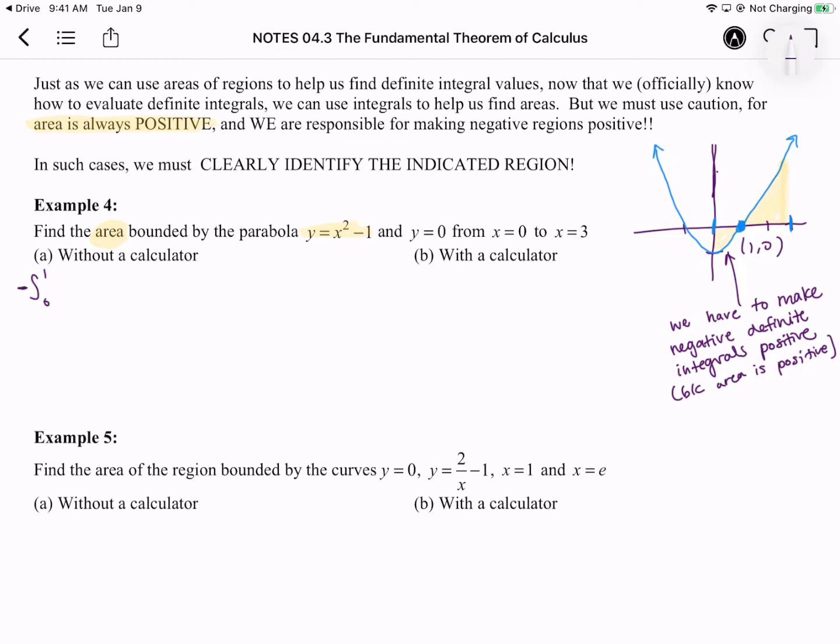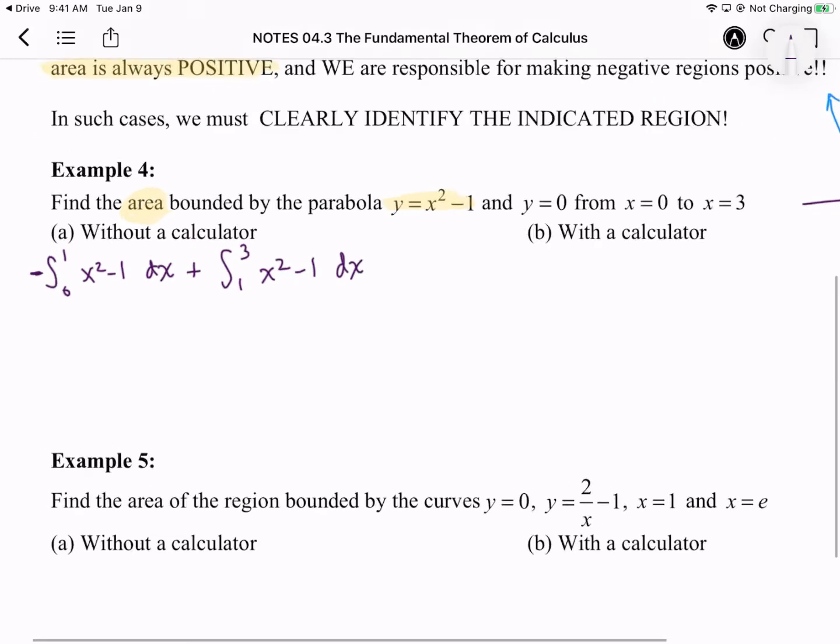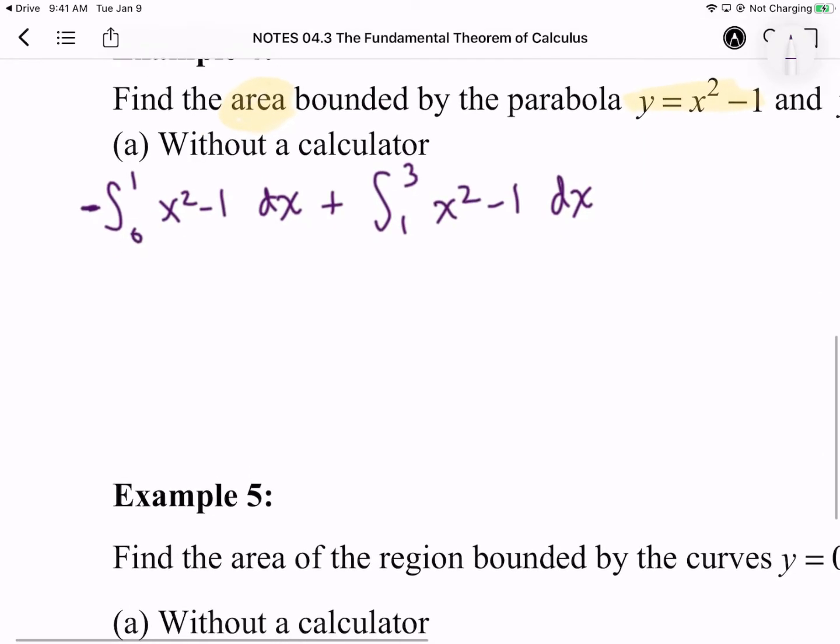So this is the extra step we have to do, okay? And then we're going to add it together with the definite integral from 1 to 3, and we can just leave that normal because I know that definite integral is going to be positive, okay? So that's the step that we have to take.